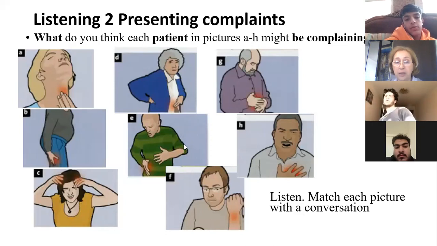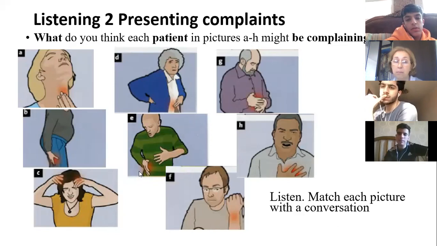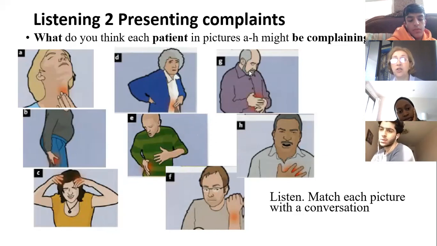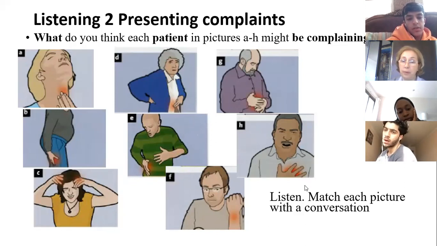Her abdomen. Right. Picture E. Liver, kidney, appendix. So yes, the side of his stomach, of the abdomen. Okay. Picture F. What do we call this part? Chest. G. Abdomen, also stomach. And H. Heart, the chest.